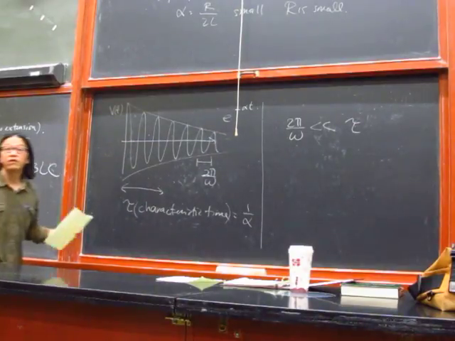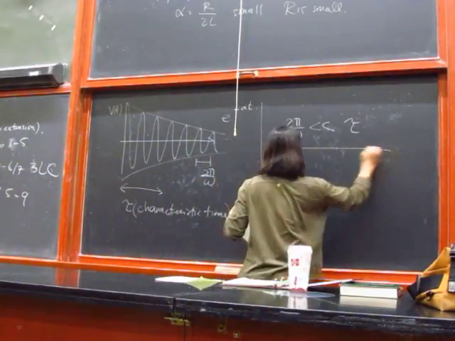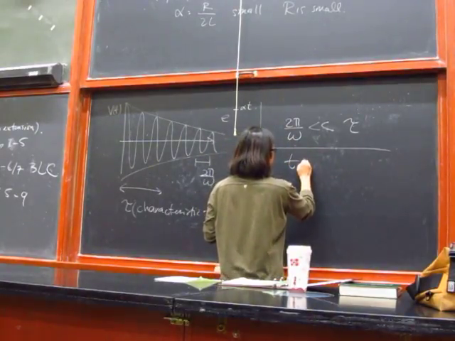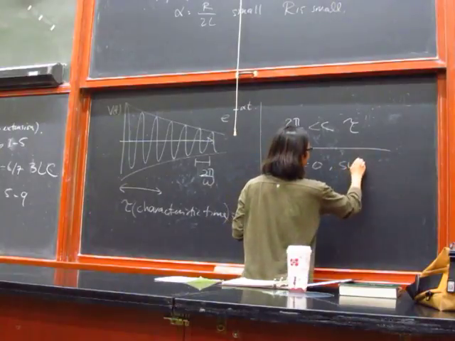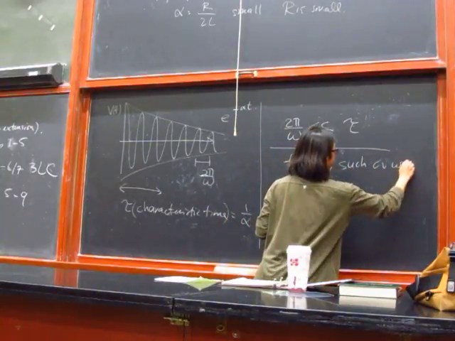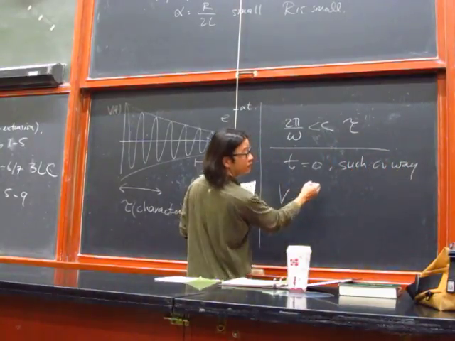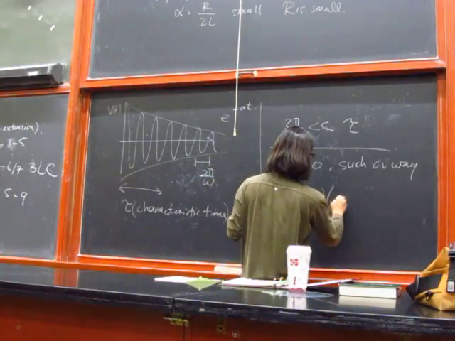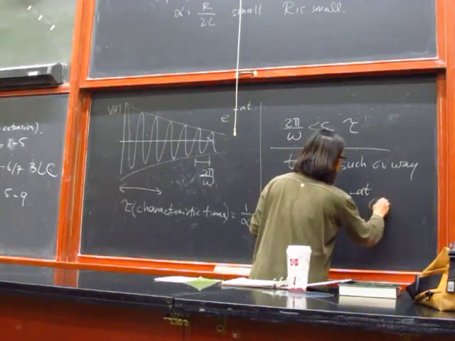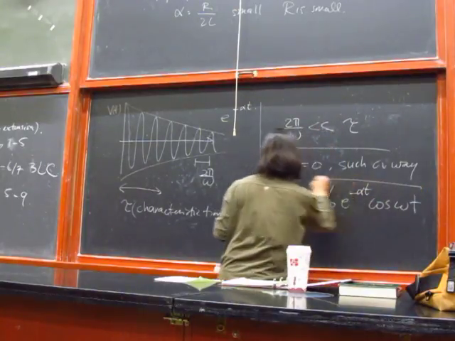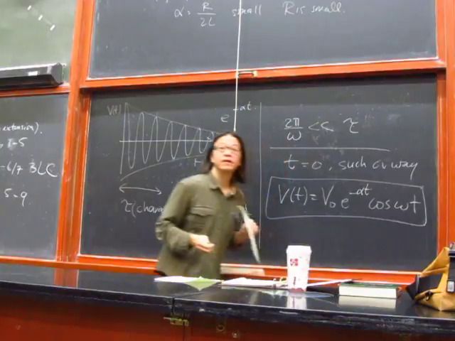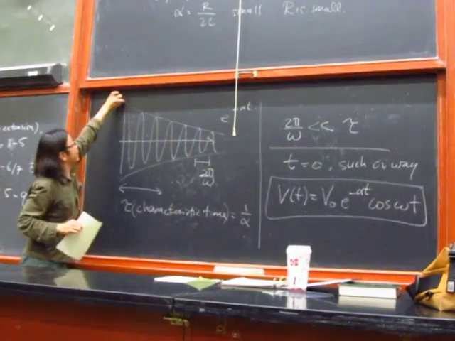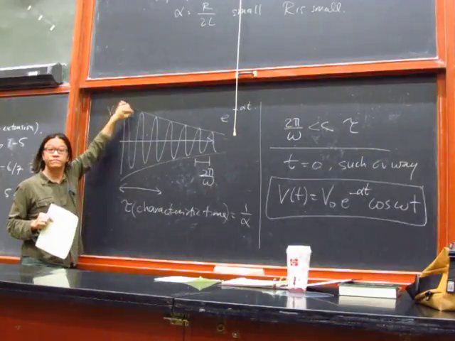Any questions so far? I can also choose the time, choose t equals 0 in such a way that I can always write V of t as E naught e to the minus alpha t cosine omega t. So I choose time properly in such a way that I start at the top of the sinusoidal.